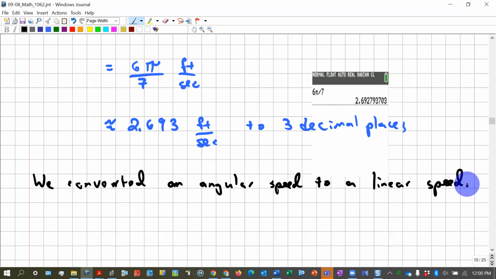But we did it just by looking at the units. We didn't have to memorize anything that we didn't already know. Make sense so far?